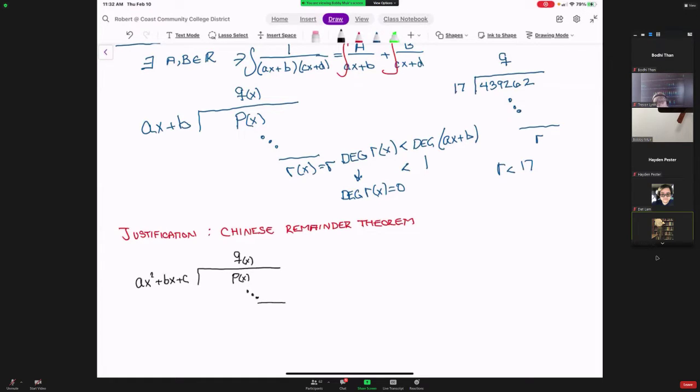And the remainder down here would be smaller than this guy. So the remainder in its most general form would look like ax plus b.